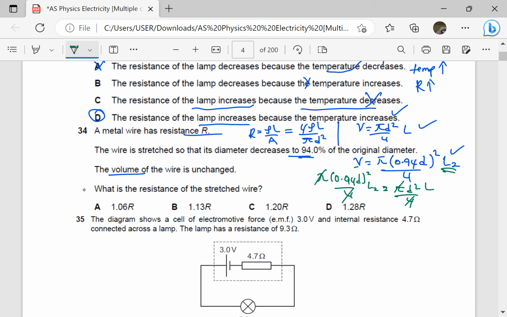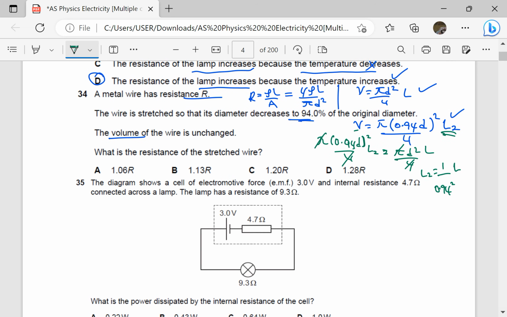Making L2 the subject, d squared cancels, but 0.94 is also squared because the whole bracket is squared. So I remain with 1 over 0.94 squared, times L, the original length.